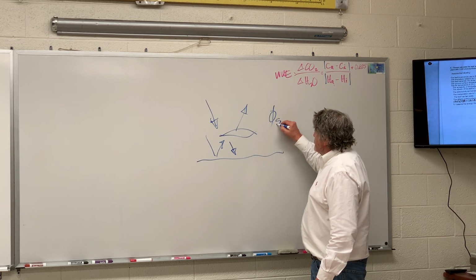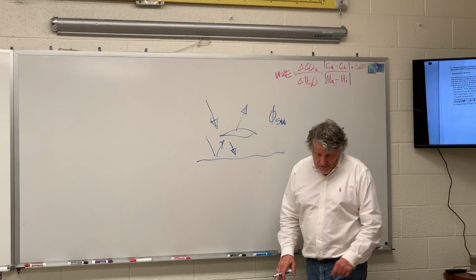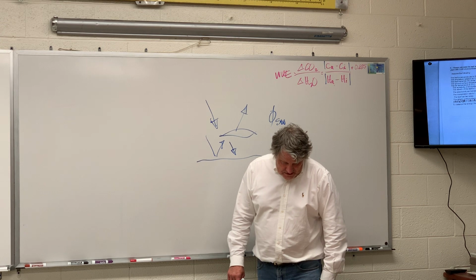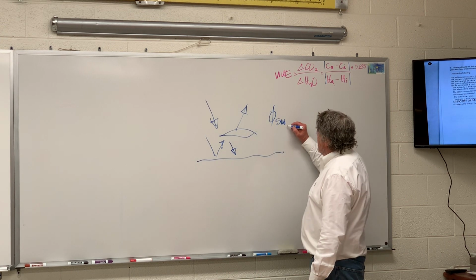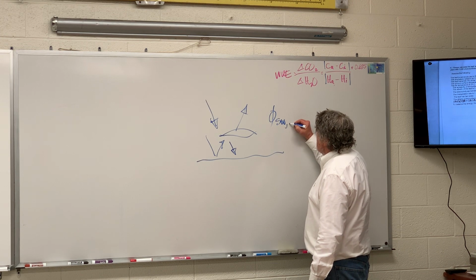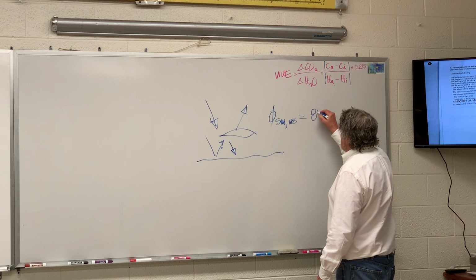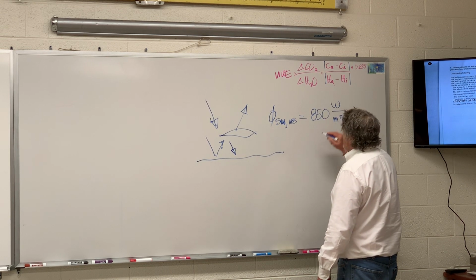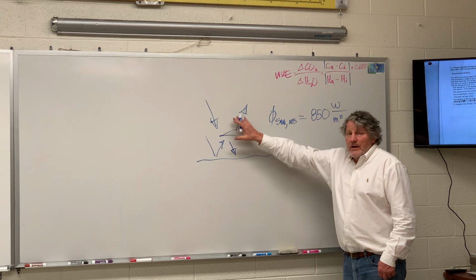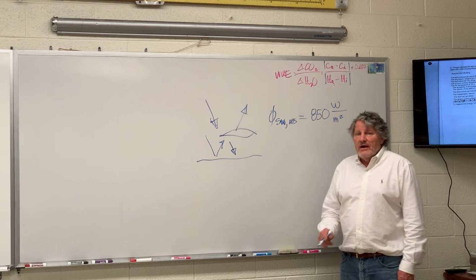Phi shortwave, after these are all added up, this is phi shortwave absorbed, comes out to be 850 watts per meter squared. Now you've got to put the numbers in here, but this is what it comes out to for shortwave.